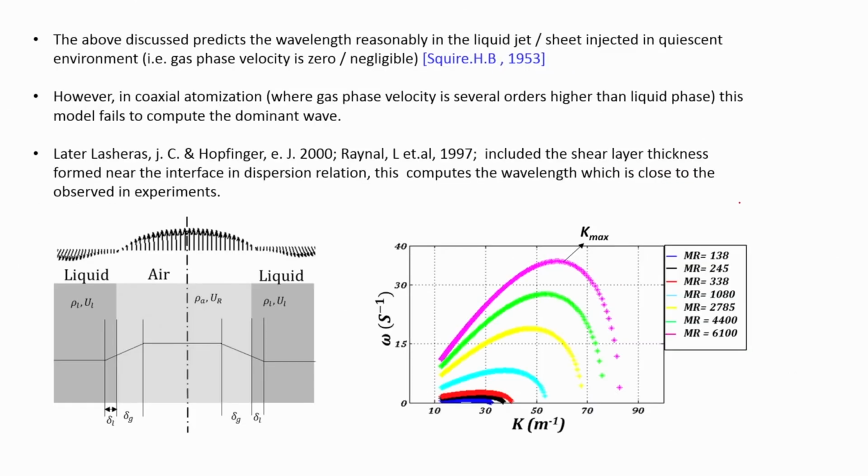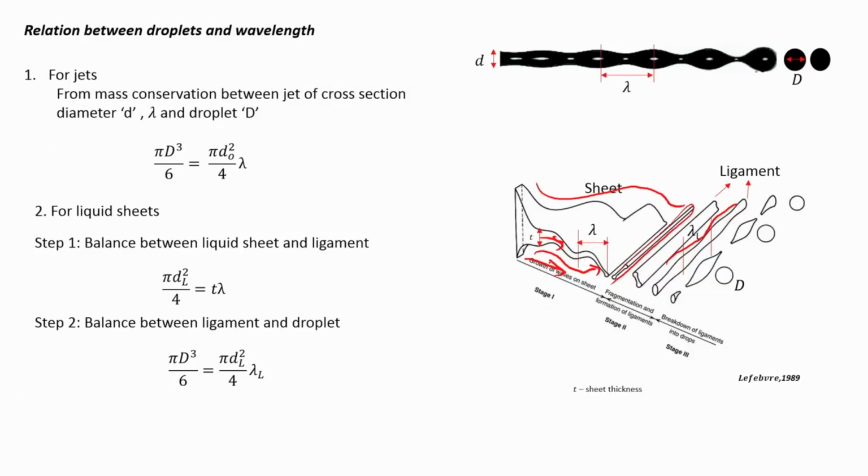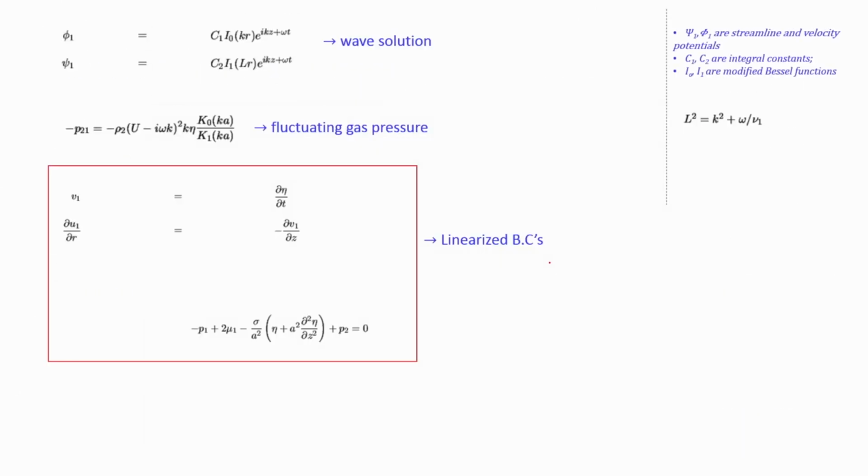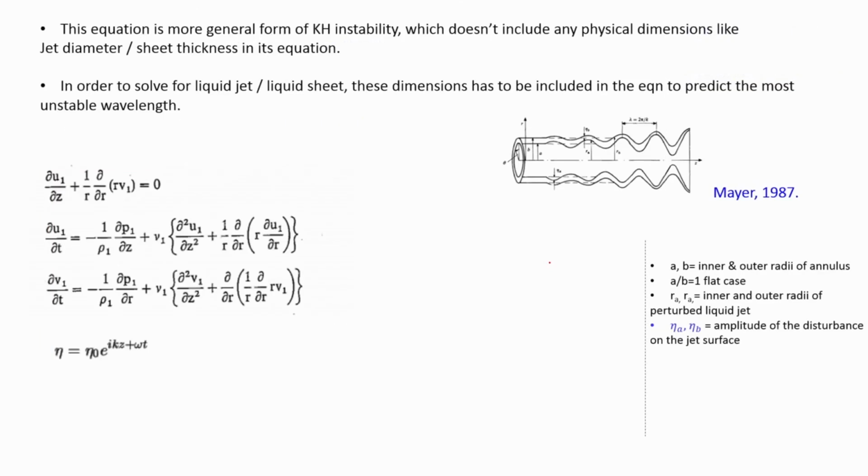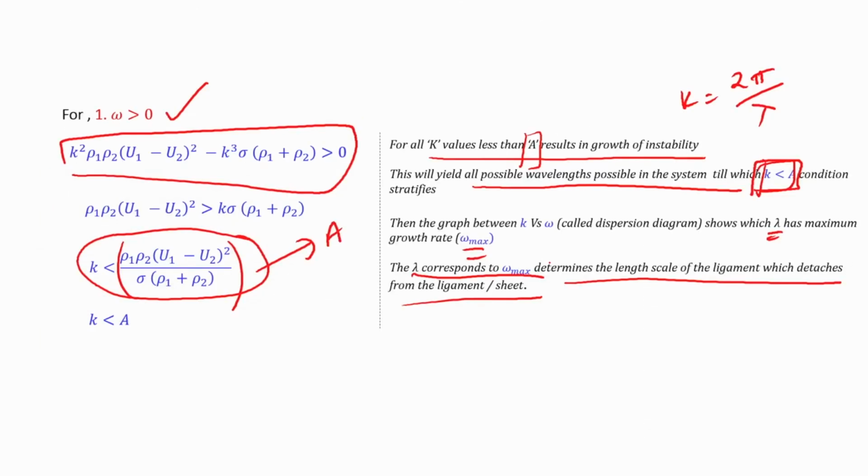Now, if you plot that omega versus that k that we were talking about, you will find that this is the maximum k for which the growth rate is maximum. So this is what we meant when we said that the lambda corresponding to the maximum omega determines the length scale of the ligament which detaches from the sheet.